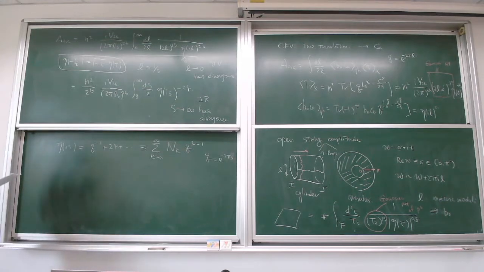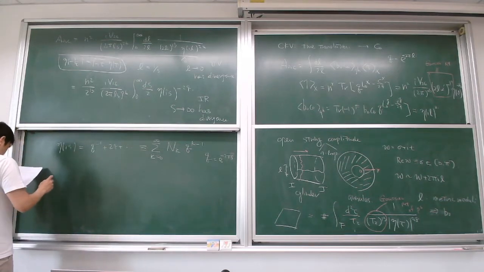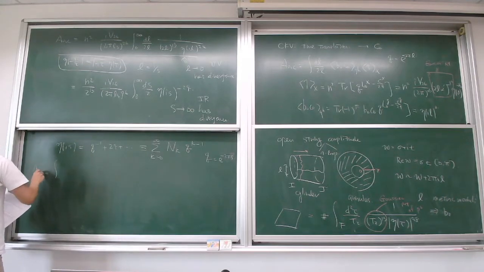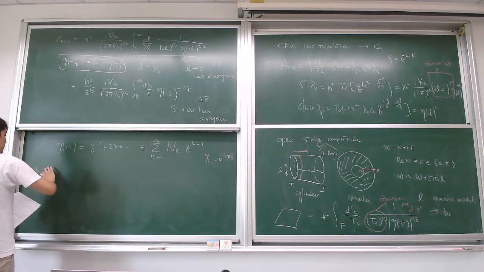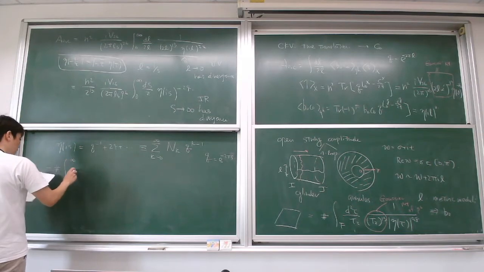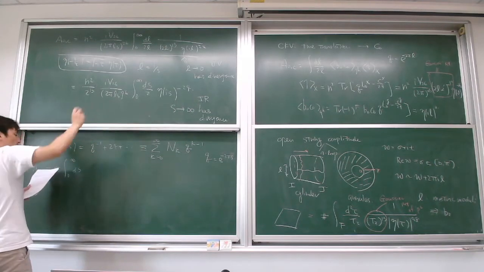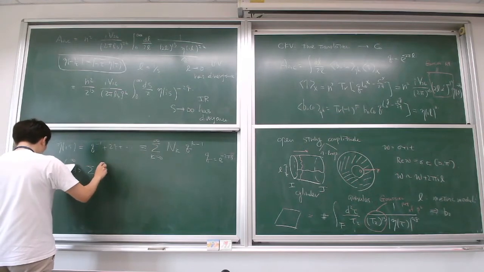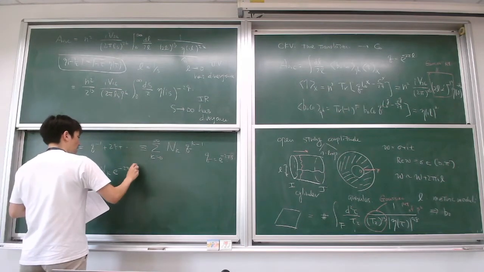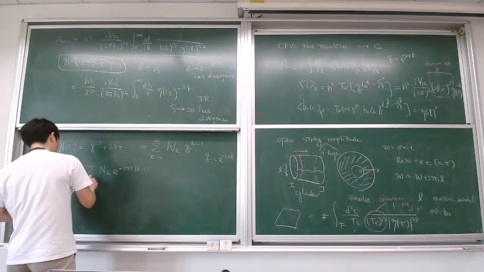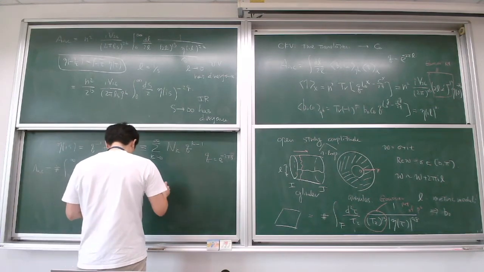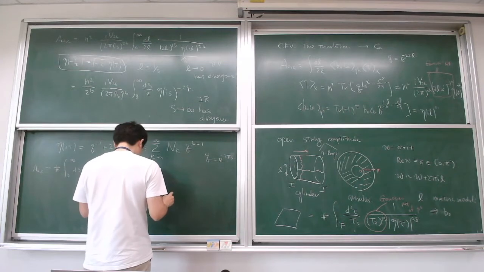And how does this IR divergence come from? You can interpret this as some number, the integral from 0 to infinity ds, such that you expand the Taylor expansion, e to the minus 2 pi s (k minus 1), for k equal to 0 to infinity. And this can indeed be written as follows.